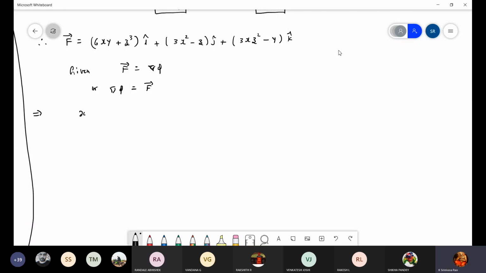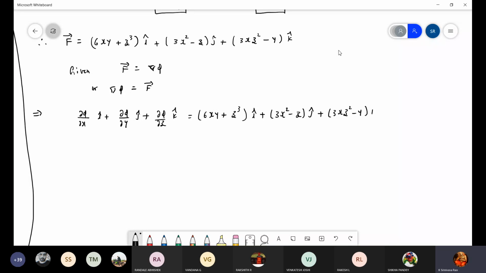So dou phi by dou x i cap plus dou phi by dou y j cap plus dou phi by dou z k cap equals 6xy plus z cube i cap plus 3x square minus z j cap plus 3xz square minus y k cap. Okay, so one by one you calculate. Dou phi by dou x equals 6xy plus z cube.